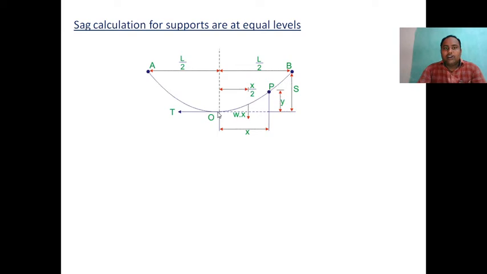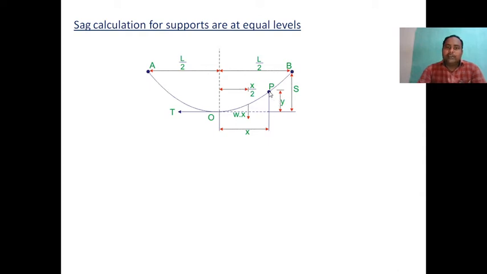From the lowest point of the conductor O to pole B, the distance is L by 2. The point O is the lowest point of the conductor and is located in the middle of the conductor because the two supports are at equal levels.